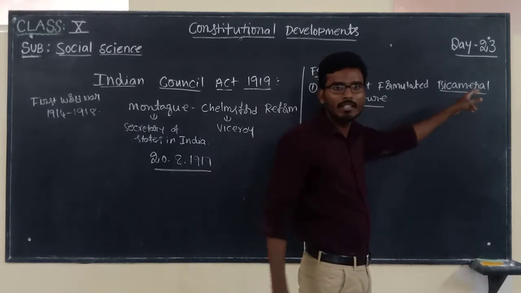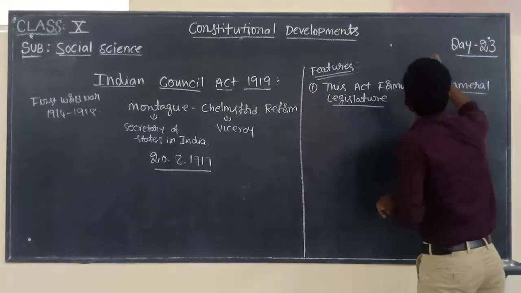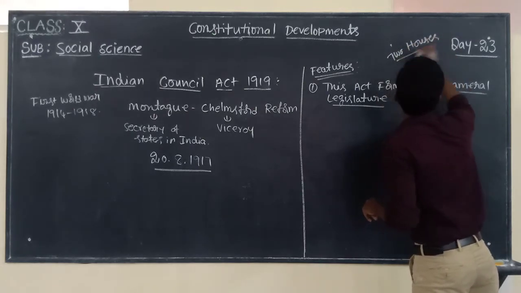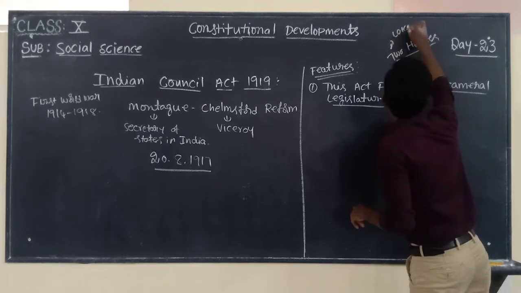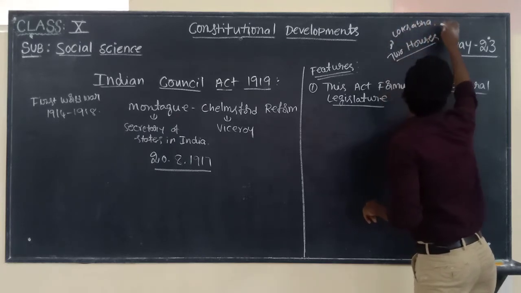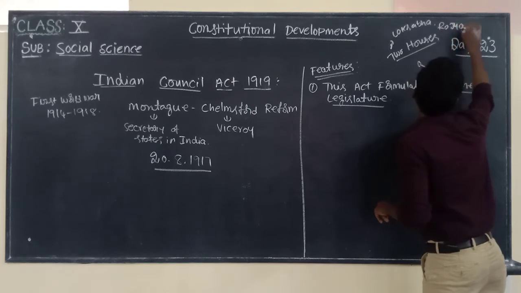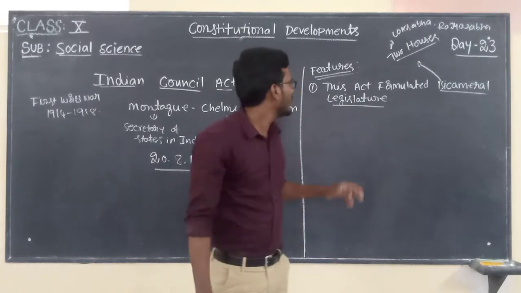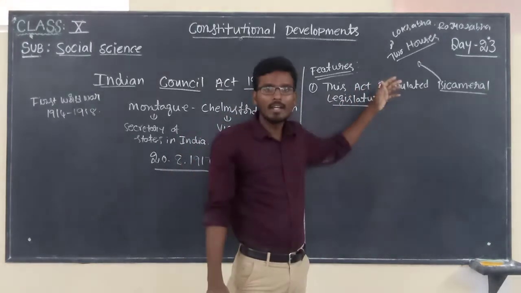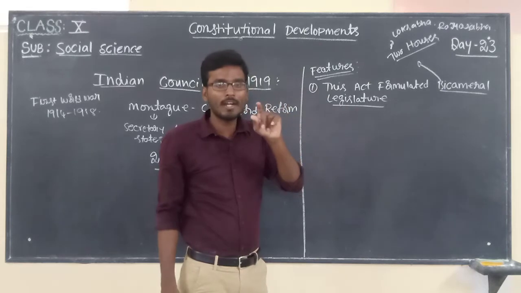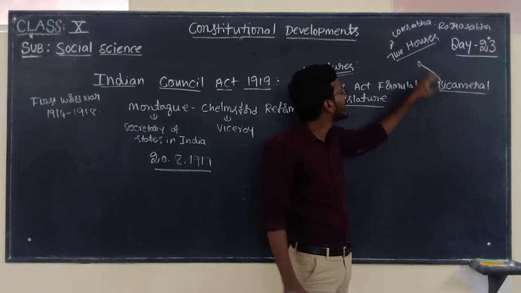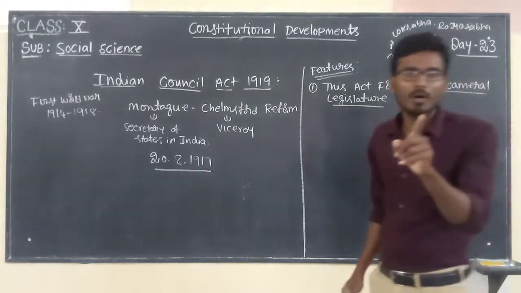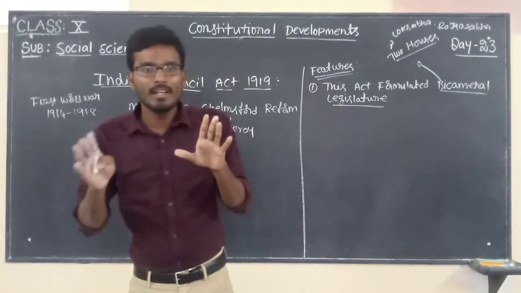What is a bicameral legislature? A legislature having two houses, that is Lok Sabha and Rajya Sabha. If the legislature has only one house, that is known as a unicameral legislature.